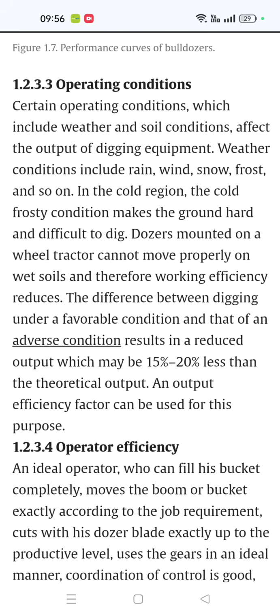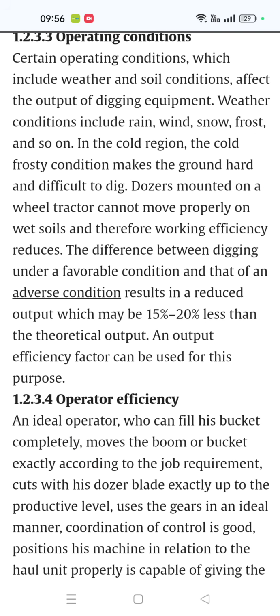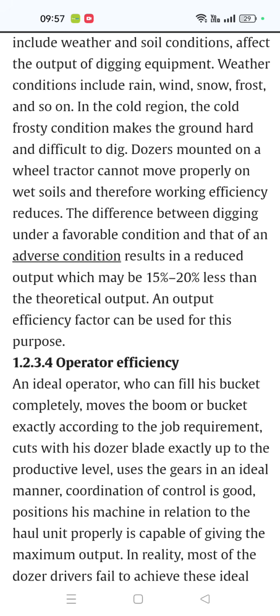In the cold region, the cold frosty condition makes the ground hard and difficult to dig. A dozer mounted on a wheel tractor cannot move properly on wet soil and therefore working efficiency is reduced.